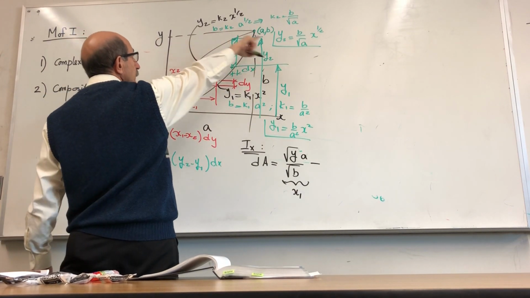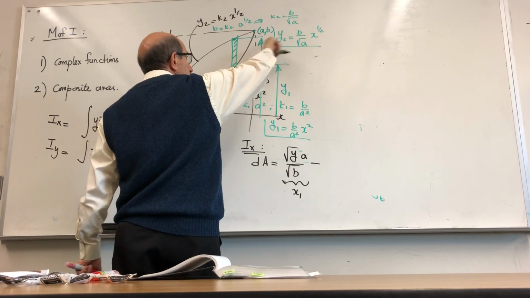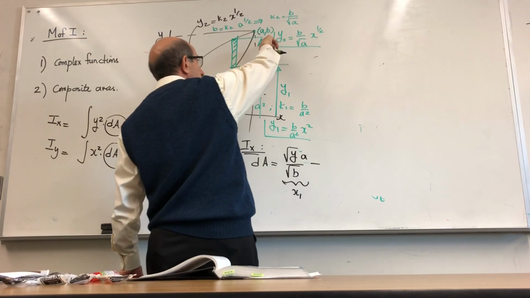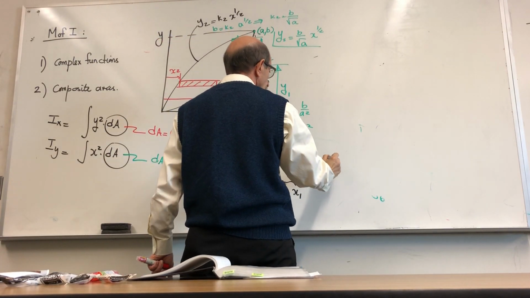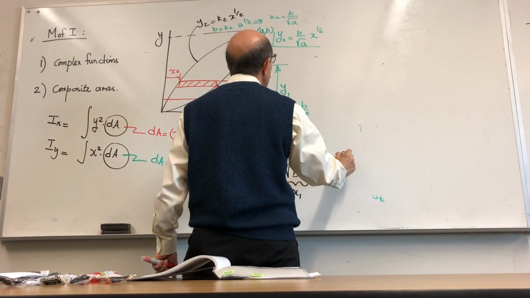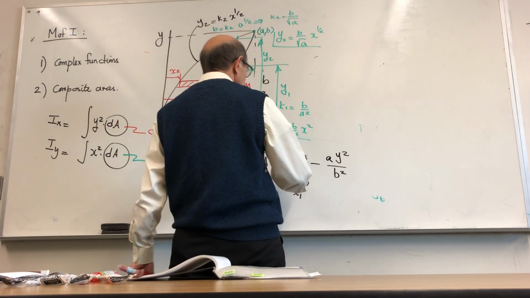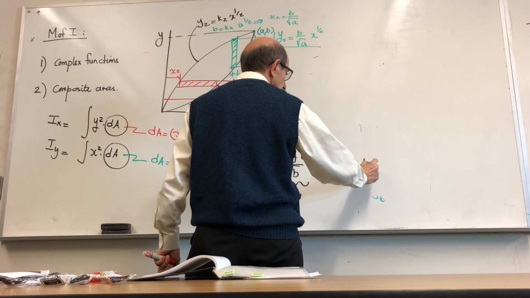x2 is from this function. So you need to square the two sides in order to find x in terms of y. So you'll have a y squared divided by b squared. So that would be the a.